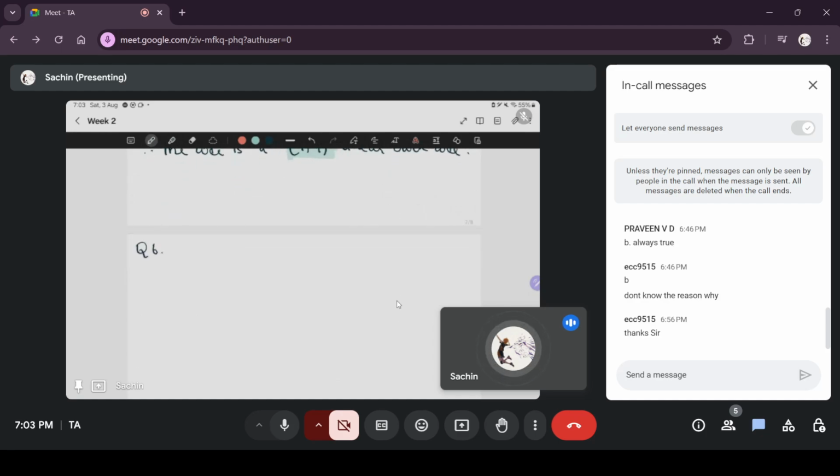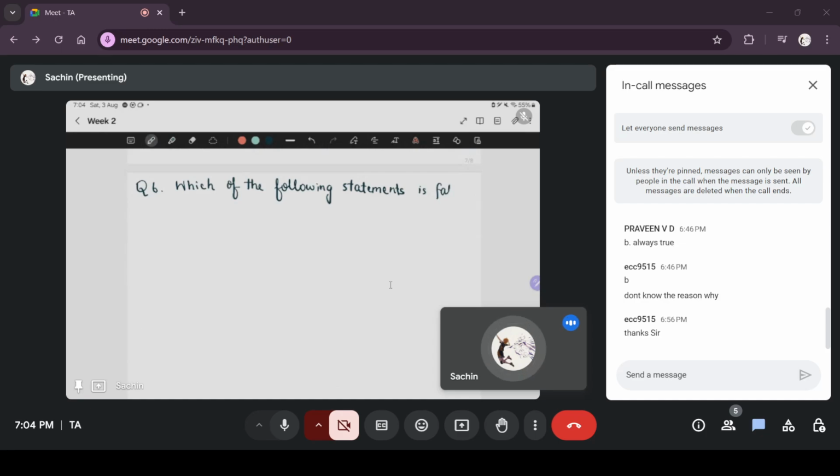Let's go to question 6. Which of the following statements is false for linear block codes.